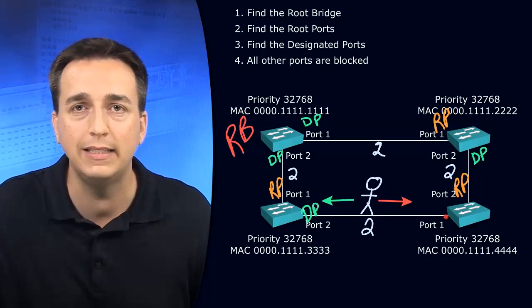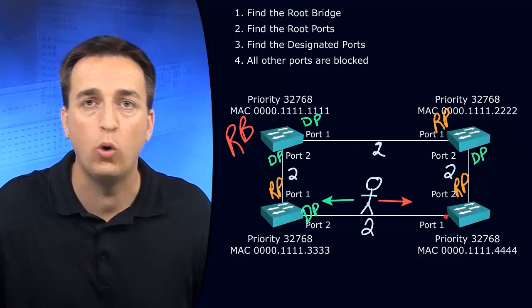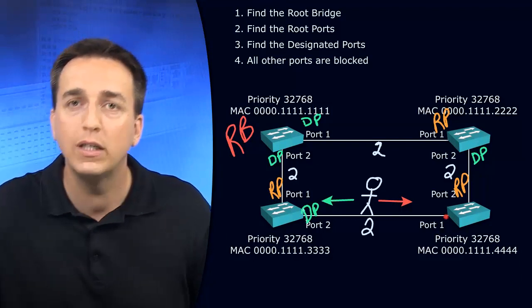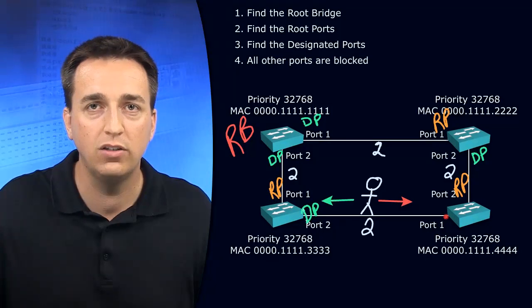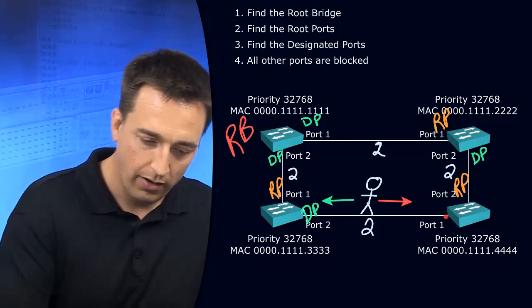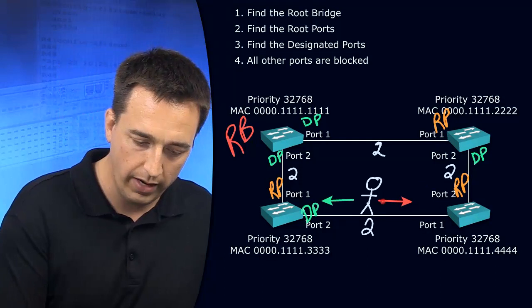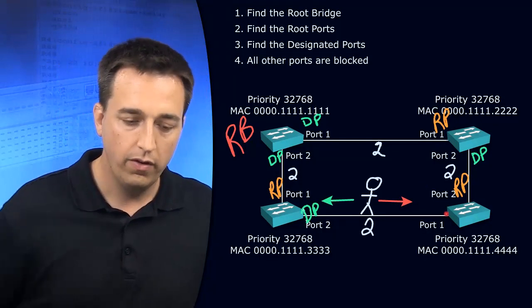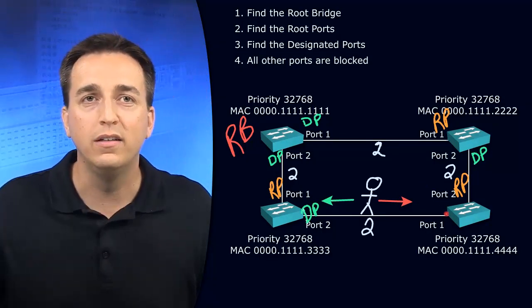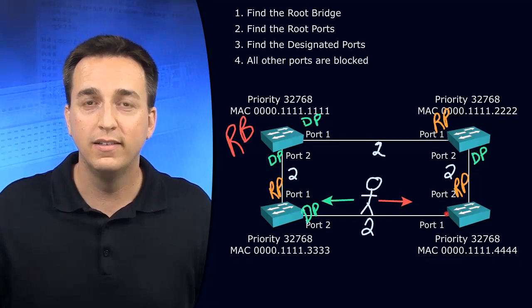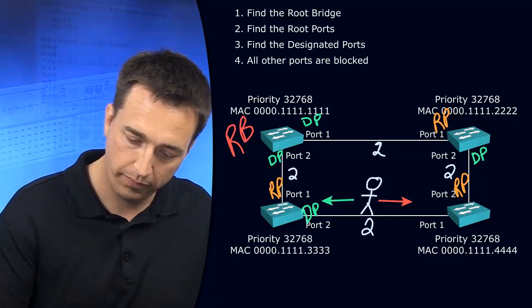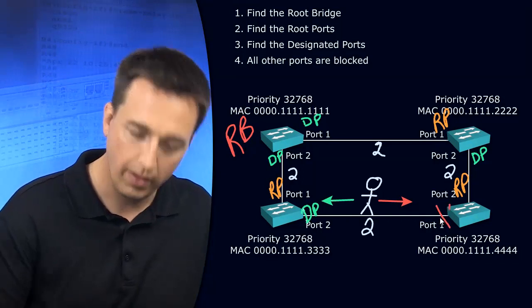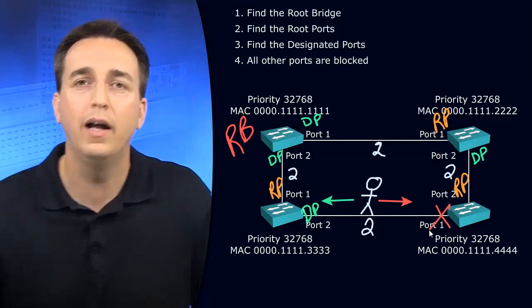Did we find the designated ports? 1 designated port per segment. 4 segments. 4 designated ports. Check, check, check, check. They're all there. 1 there, 1 there, 1 there, 1 there. What does that mean? All other ports are blocked. There's our blocked port in this topology.